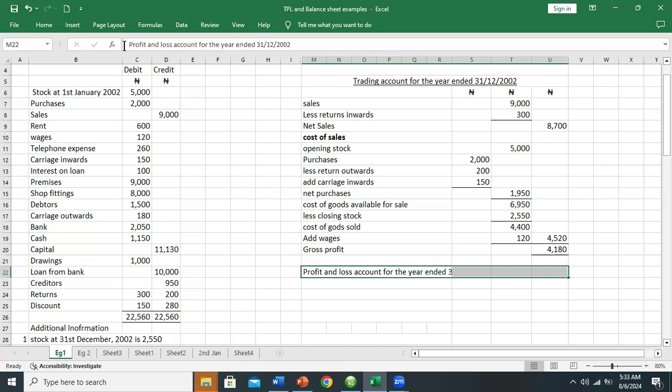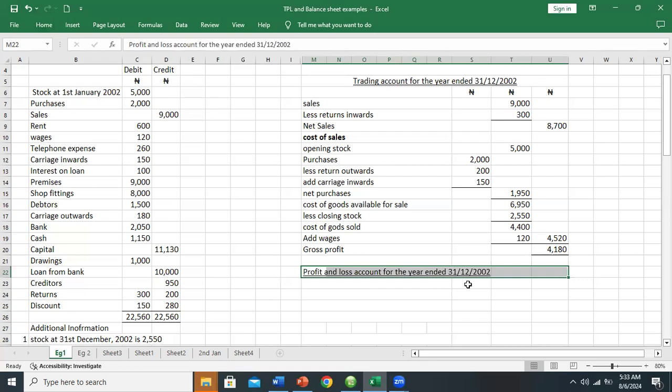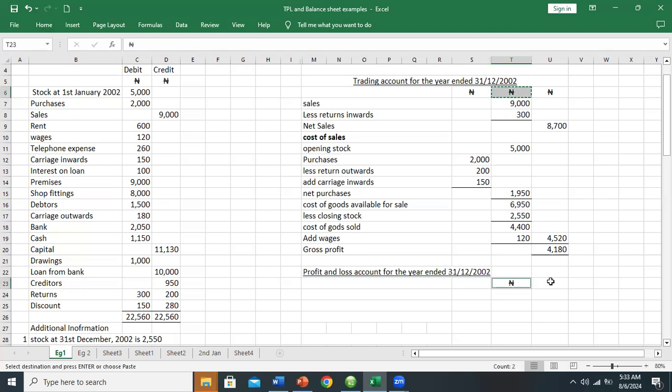So the first thing you bring is the gross profit, which you have determined in the trading account. But of course, your currency should be in Naira. You lose marks if you don't bring your currency. So please, anytime pay attention to that.